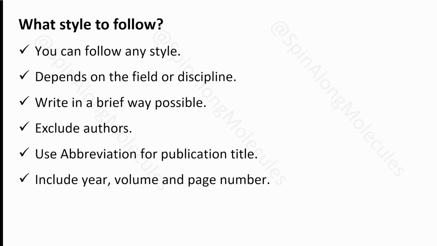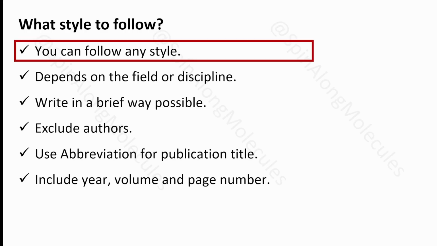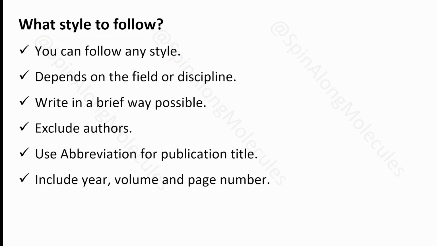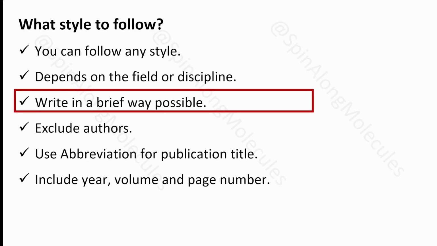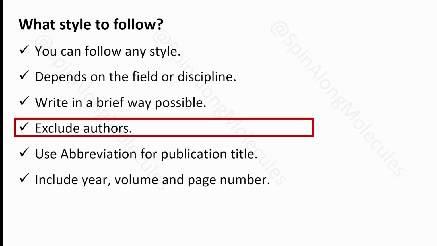Next is what style you should follow for the references. There is no guideline, there is no instruction. You can follow any style you want. But mostly I think it depends on the field or discipline. For material science, engineering or physical sciences, I think we can write very briefly, and I would recommend writing in the briefest way possible. You can exclude the authors list.